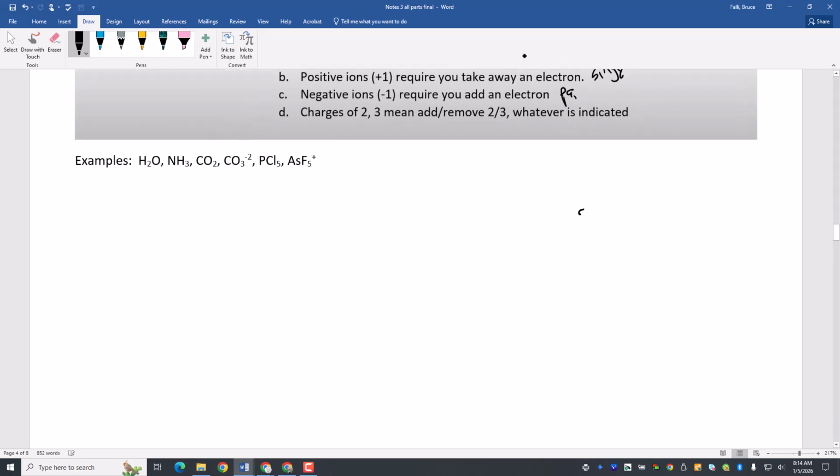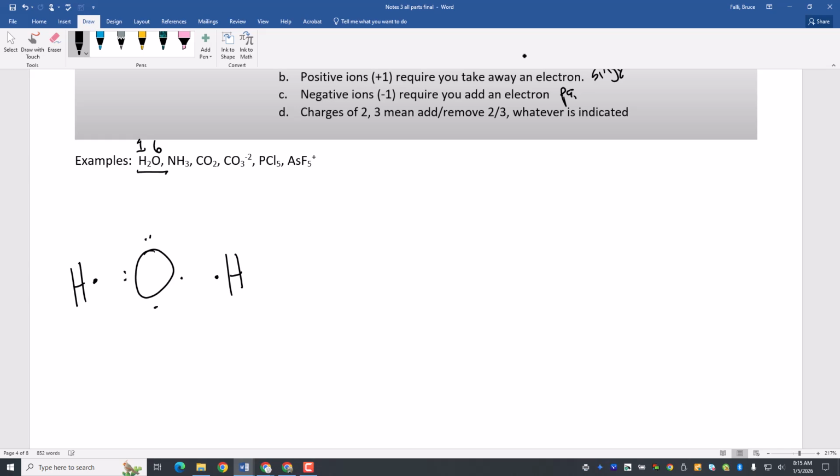So let's start with water. You're going to watch this go quick. The least frequently occurring atom is oxygen. I'm going to put hydrogen surrounding it on the left and on the right. It doesn't matter if I put it on top or bottom. Now I'll put my dots on there. Valence electrons: oxygen has 6, and each hydrogen has 1.